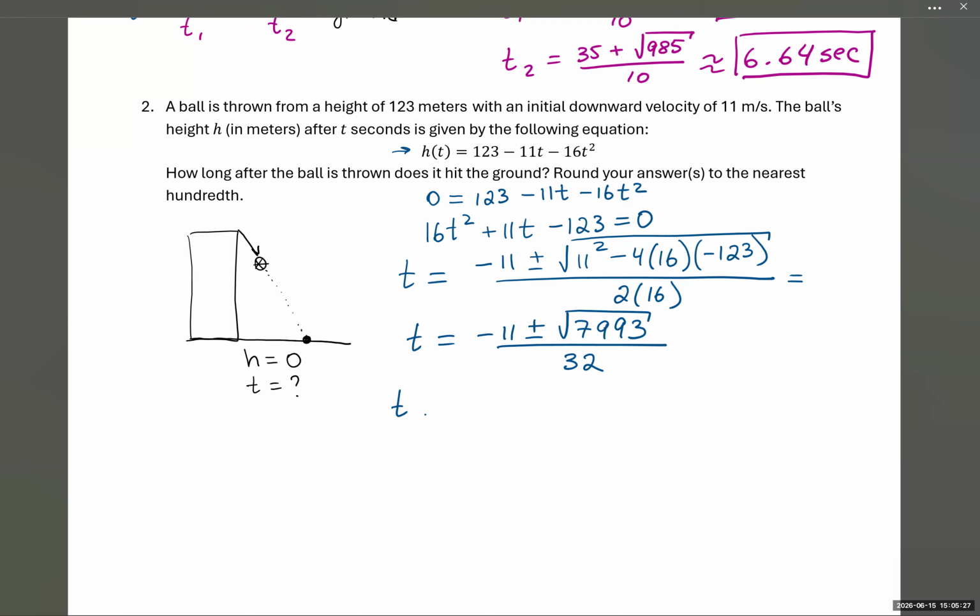The first one, negative 11 minus the square root of 7,993, divided by 32. Now, if you look at it, you can clearly see that the numerator will be negative, which means that the overall result will be negative. If you want to plug it into a calculator, you can, but it is negative 3.14 seconds.